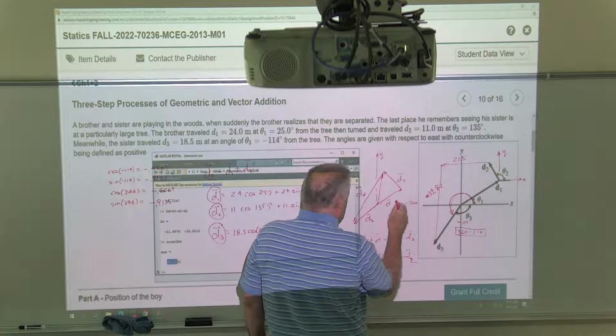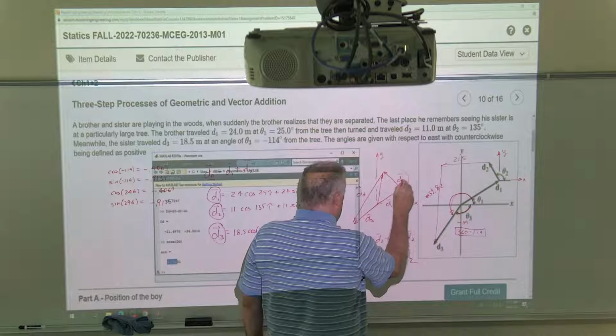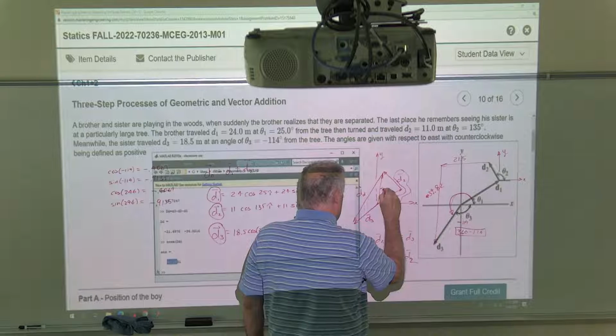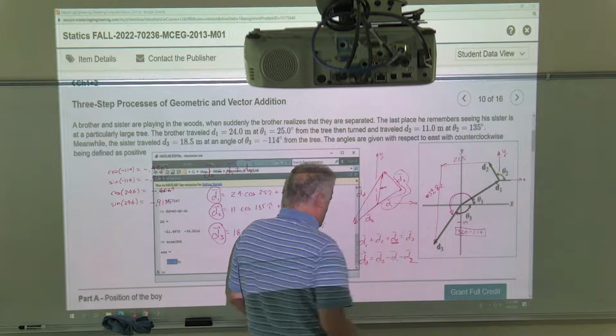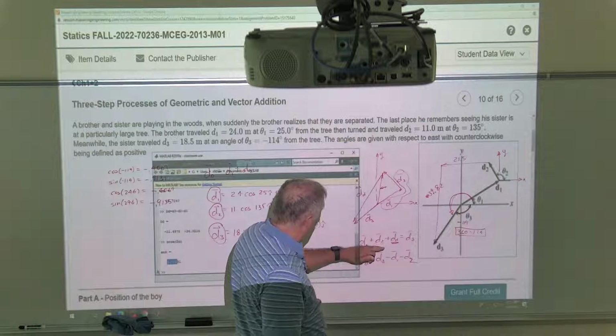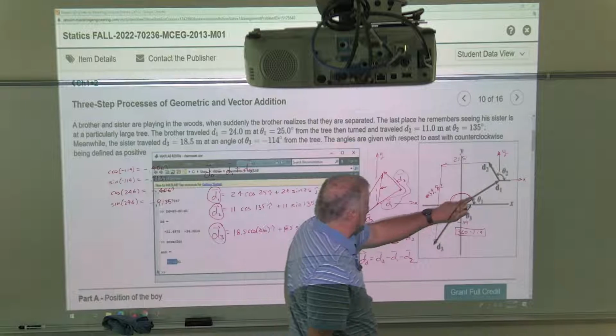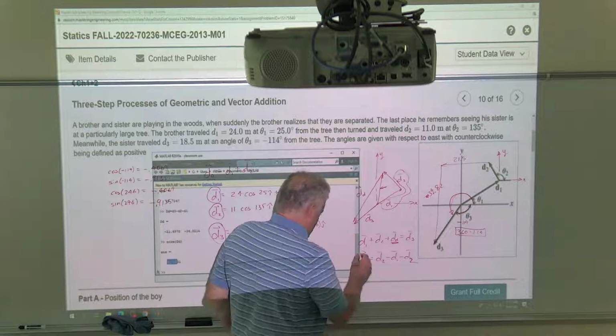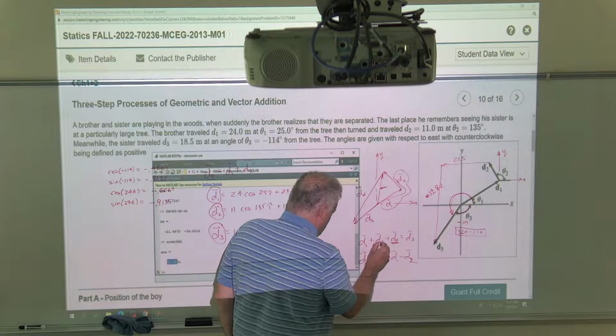So I can replace these two vector additions with this one, which is what I think I did. Here I just laid them out. I went from here to here to here, back to here. So first step, second step.